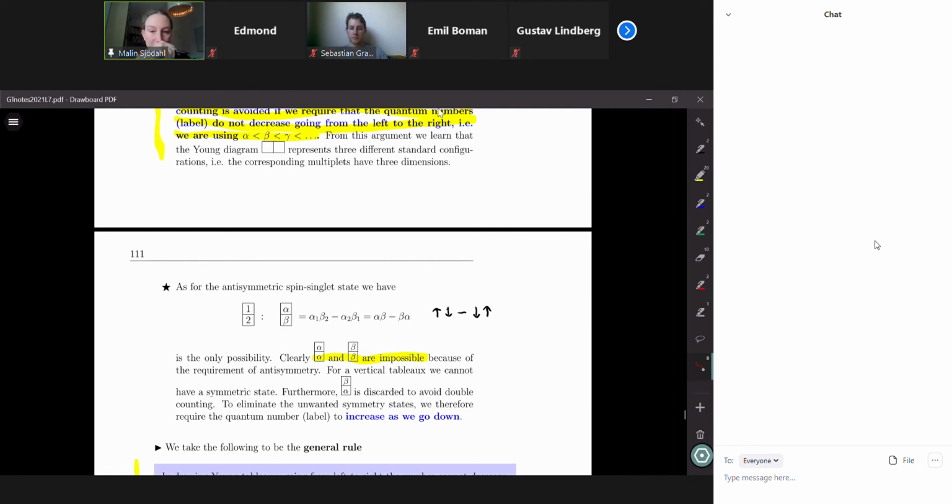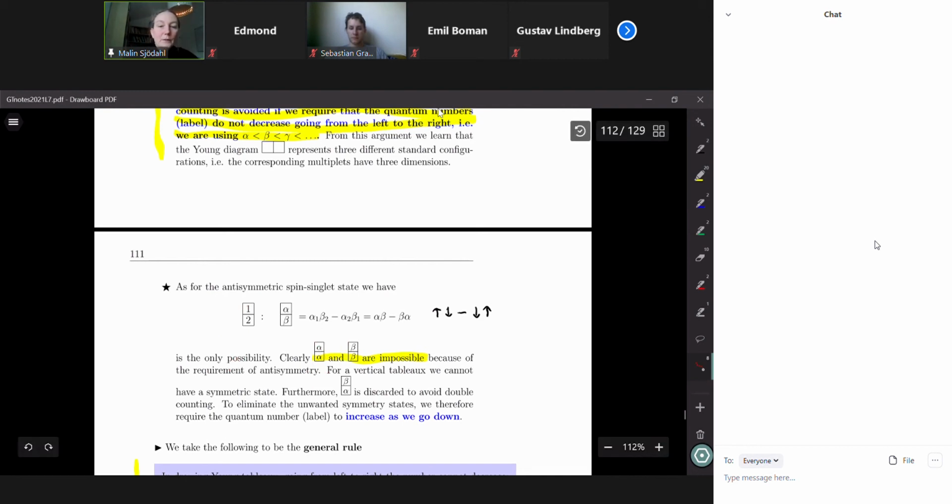So from that we also get a rule in trying to find all possible states in the more general case, and that is that we can never have the same label in a column, never alpha alpha.